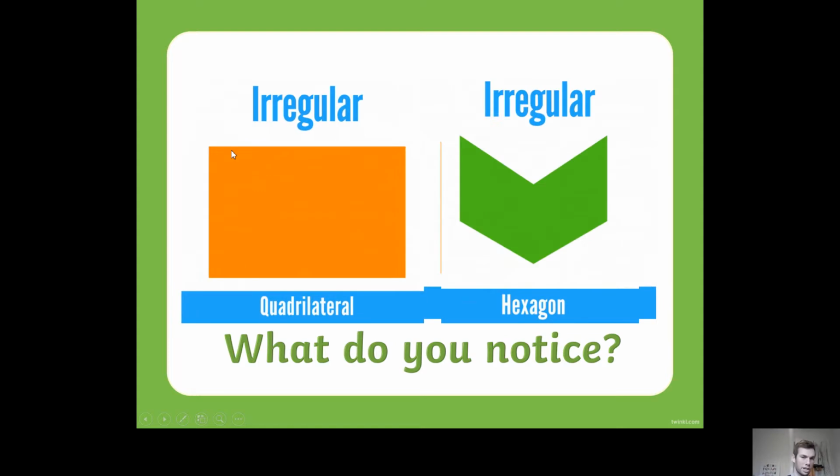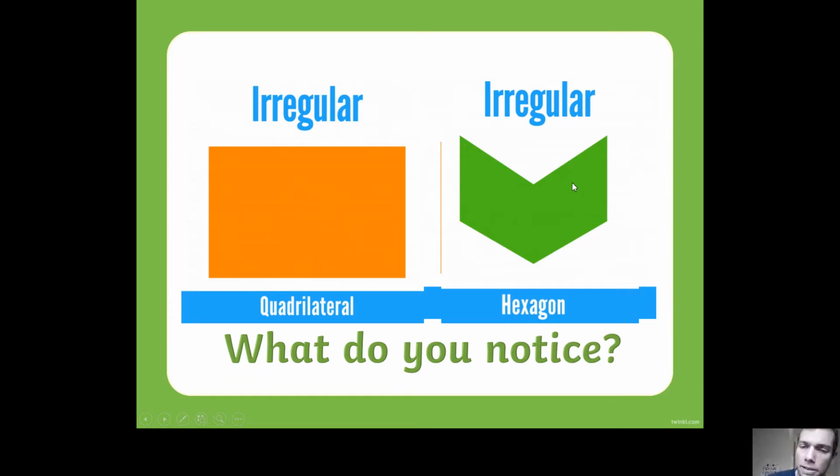In our irregular shapes, you can see this quadrilateral, we could call it a rectangle, because these sides are one length, and these sides a different length. This one still has all 4 of its vertices the same. Over here with our hexagon, we have our 6 sides.